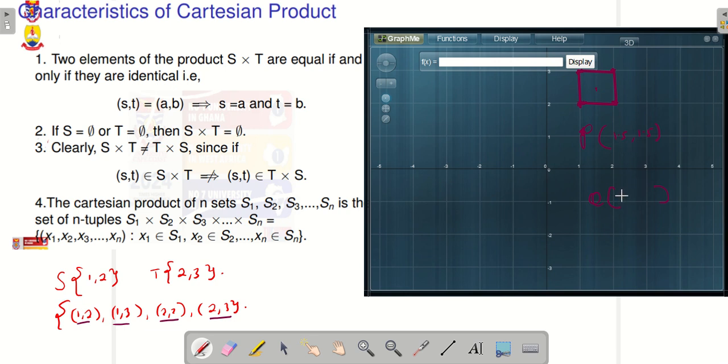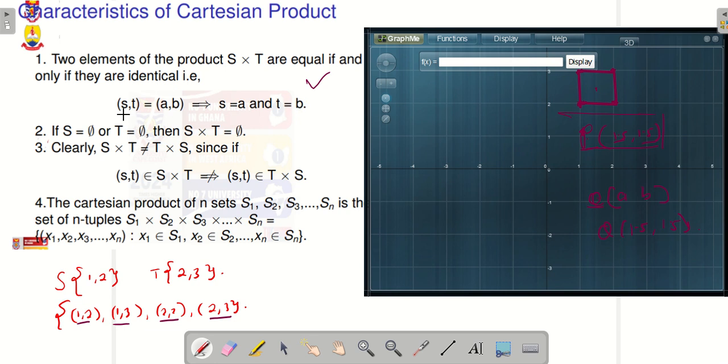If I pick a different point, that is, let's say, A and B, the only way I can say P is the same as Q is when A is 1.5 and B is also 1.5. So all this property is saying is that you can't have two different points being the same in a Cartesian product. The only way they can be the same is when they are the same point. So for P to be the same as Q, Q must also be (1.5, 1.5). That is the concept here.